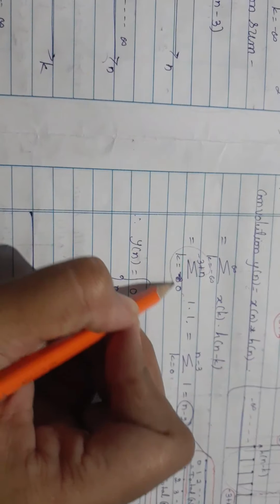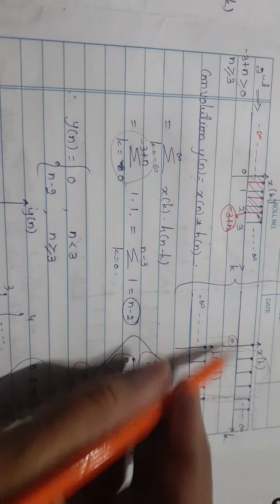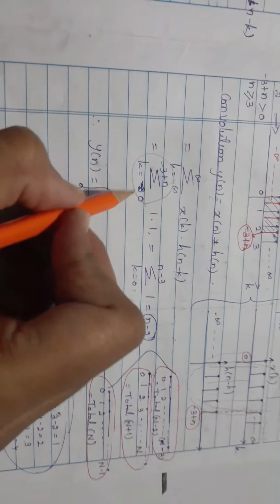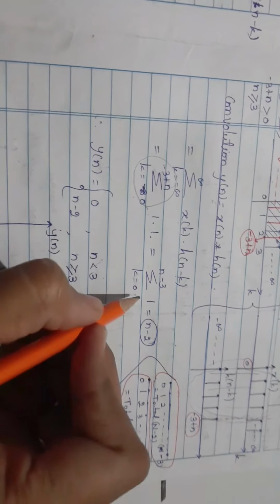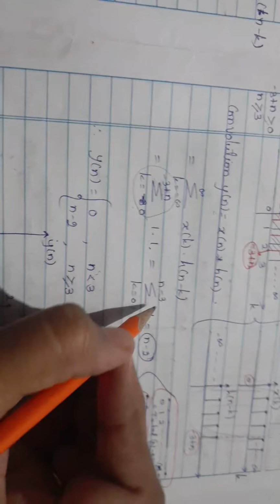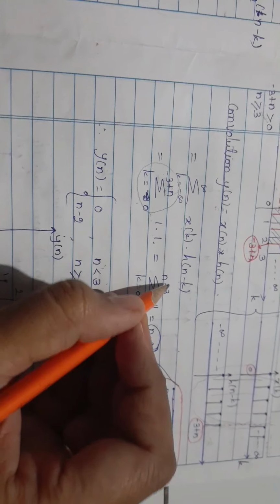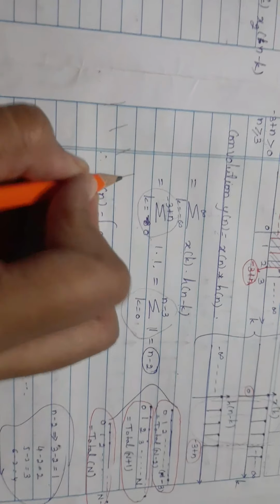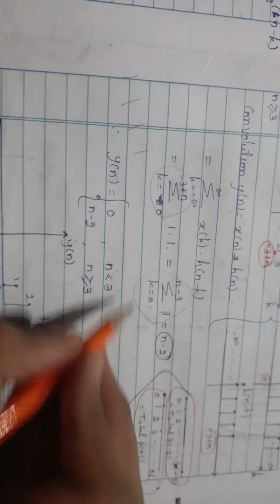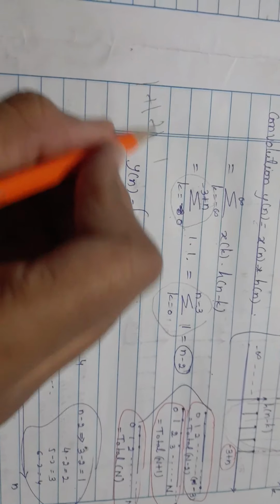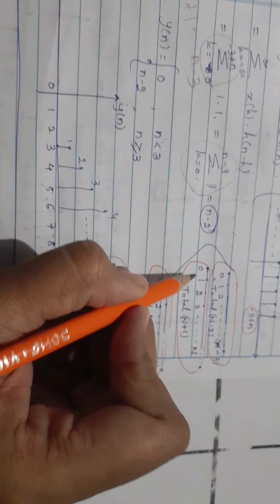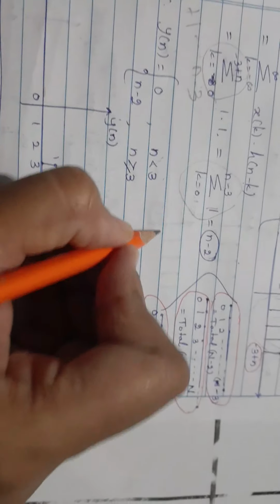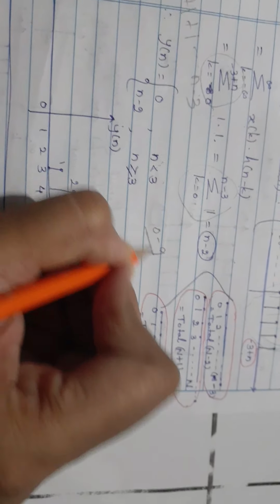What is the range of the product? It is between 0 to minus 3 plus n, that is 0 to n minus 3. Summation from 0 to n minus 3 of 1, that is 1 plus 1 plus 1, n minus 3 times? As I told you in the class, whenever the range is from say 0 to 9, totally 10 terms.